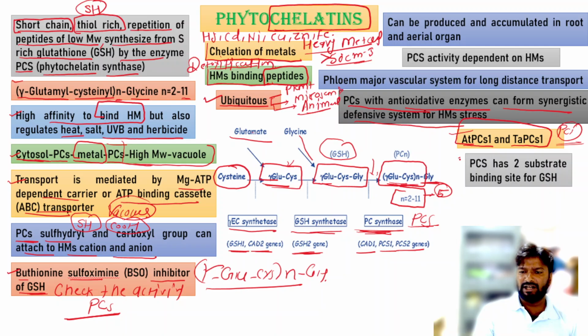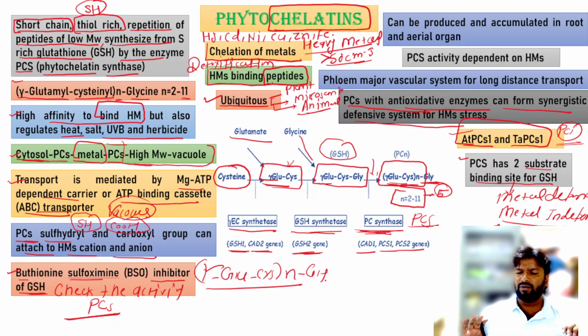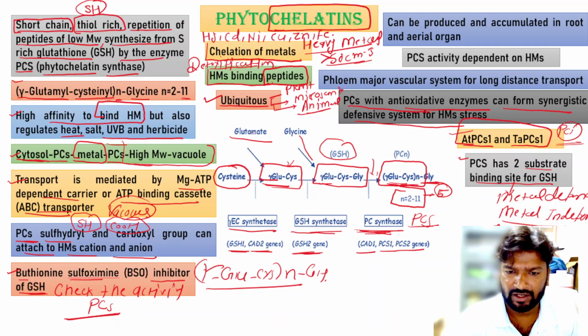Also, these phytochelatin synthases have two substrate binding sites for GSH, one which is metal dependent and the second which is metal independent. And for the binding of this, acylation of the cysteine process is required. Okay, so friends, this is about the phytochelatins.